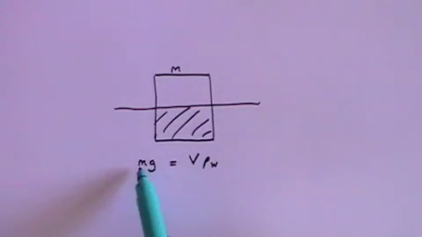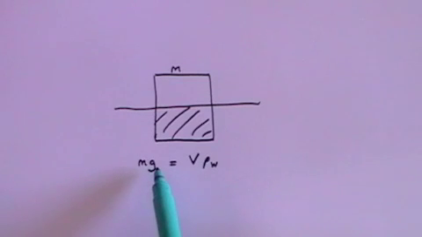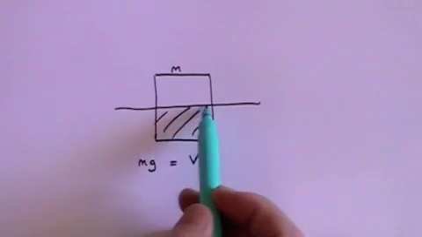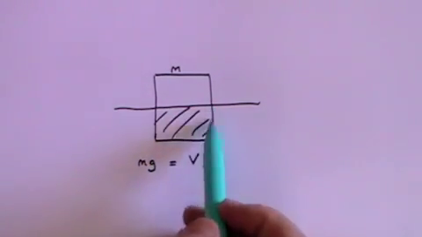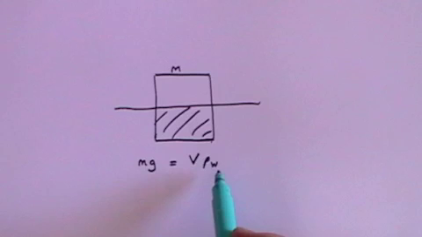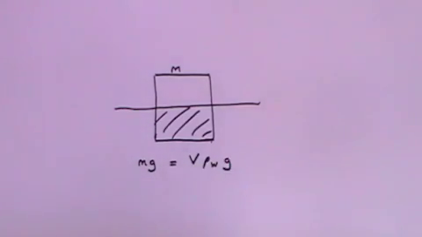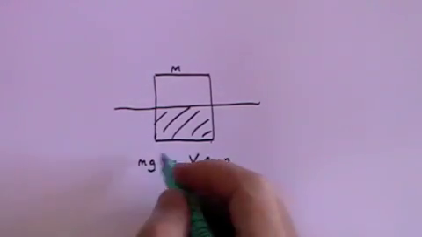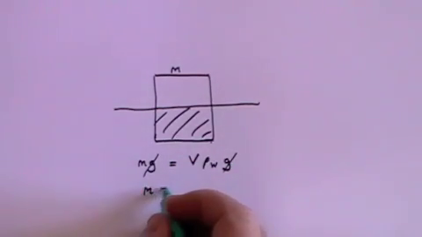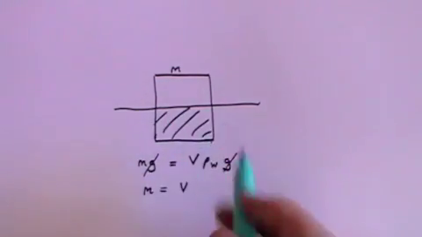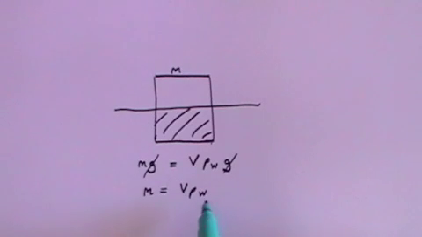So this is the total mass of the iceberg times gravity is equal to the volume of the seawater that has been displaced, that's just the part that's under the water, times the density of the water, times g, of course. And since the g's cancel, you've got that the mass of the iceberg is equal to the volume of water displaced times its density, which means that is the mass of the seawater displaced.